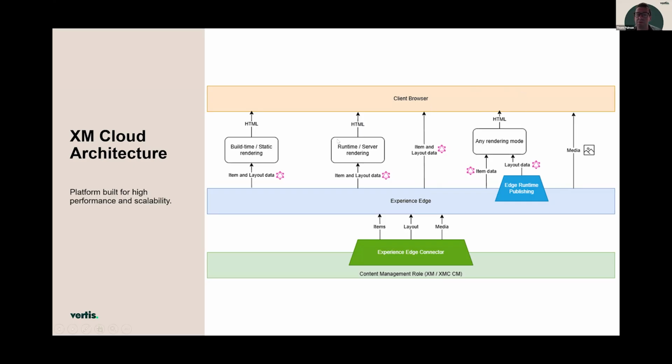We can query that content from our server, so if we want to run a GraphQL query to Experience Edge, we can run it on the server and then serve static HTML to the client. Or we can do that during build time. Those modes I'm going to show you over this presentation, and how you can apply them in your Next.js implementation.